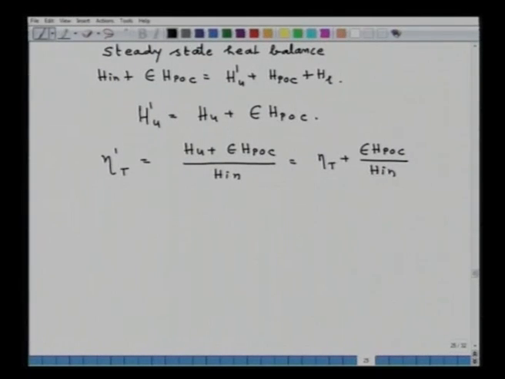So, the addition of extra heat, when fuel input is not changing and temperature should not change, will lead to an increase in thermal efficiency of the furnace.